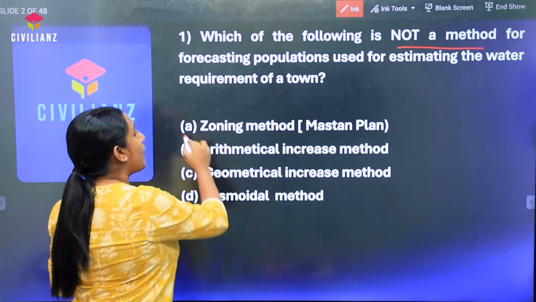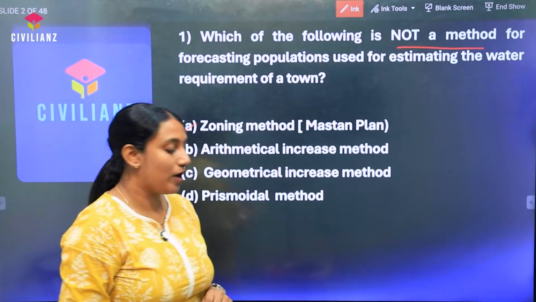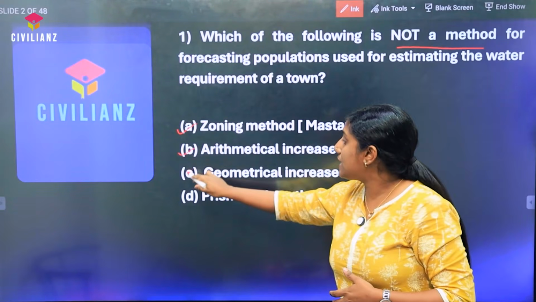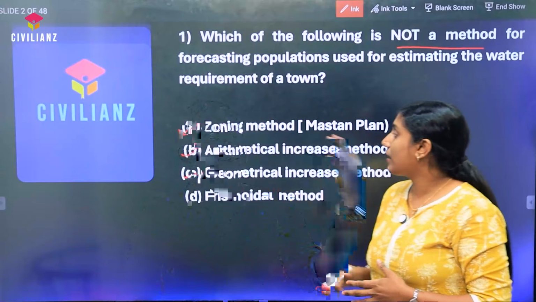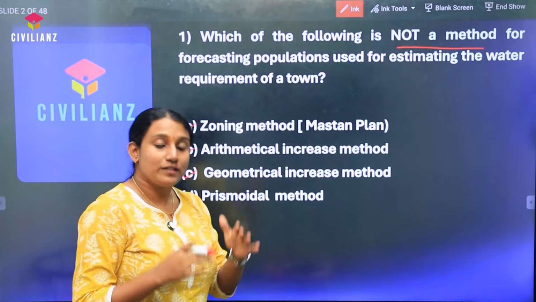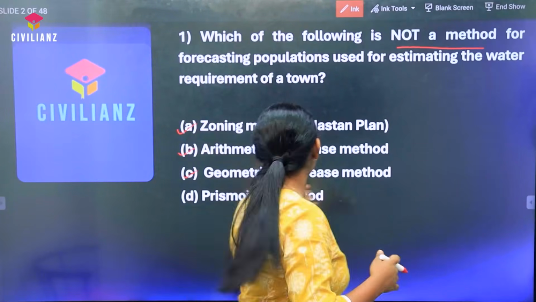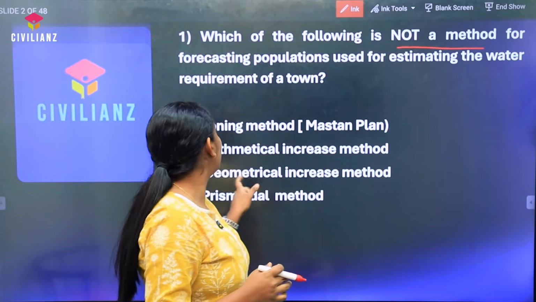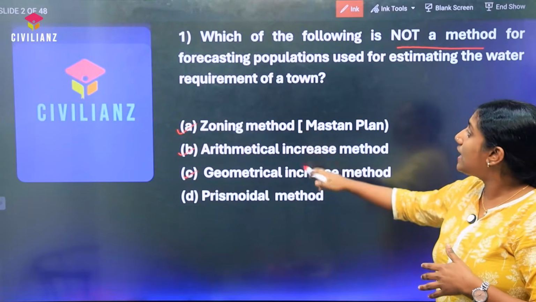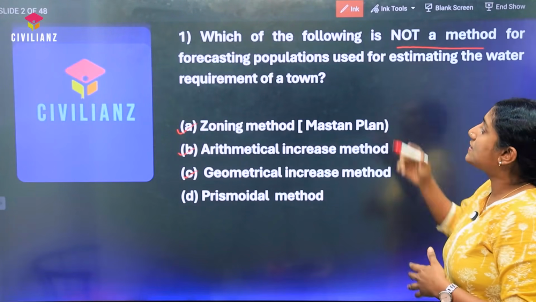The first method, the zoning method, is obviously a type of population forecasting method, and then the second ones, B and C. The arithmetic increase method is used for an old town, an already developed town. The geometrical increase method is used for a newly developed town, for calculating the population of a newly or developing town. So these three methods are used for forecasting population.